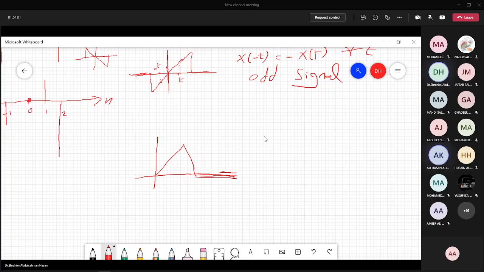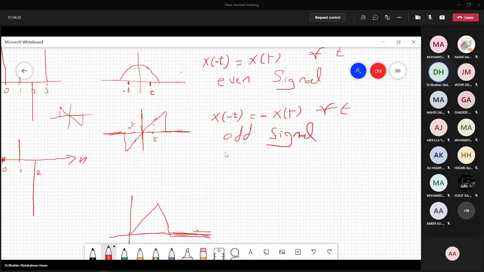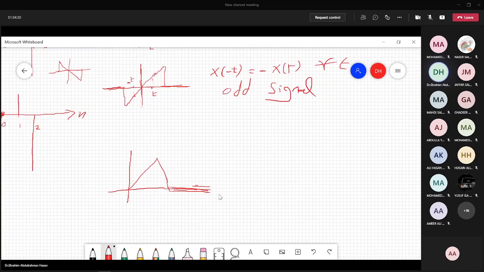According to the definition, it is neither odd nor even, because whatever we have on the right we should have on the left, so for sure it is not even. Whatever we have on the right, we should have opposite sign on the left. Here we have positive, but here we have zero. So the signal can be neither even nor odd.